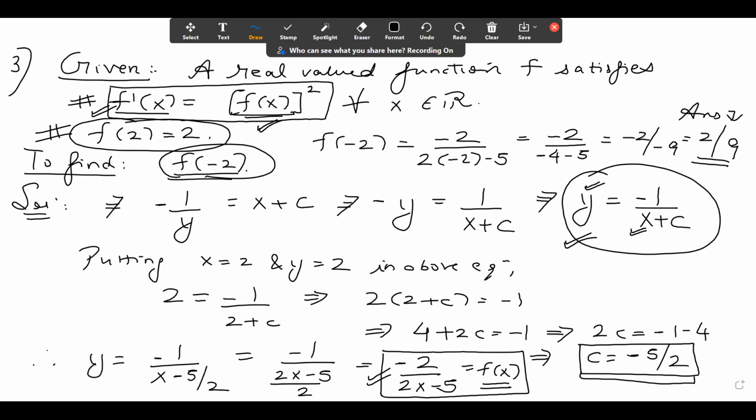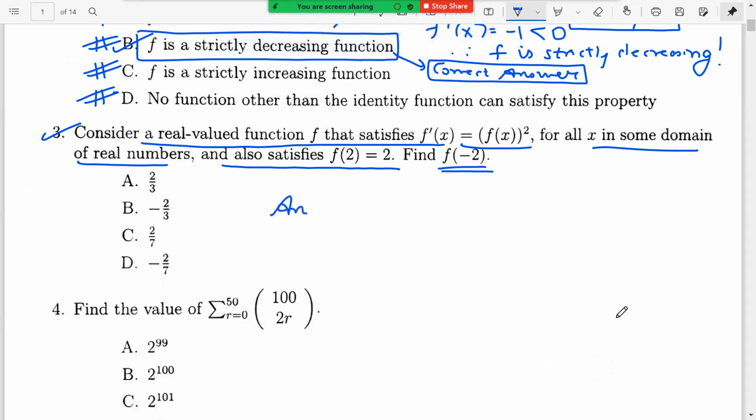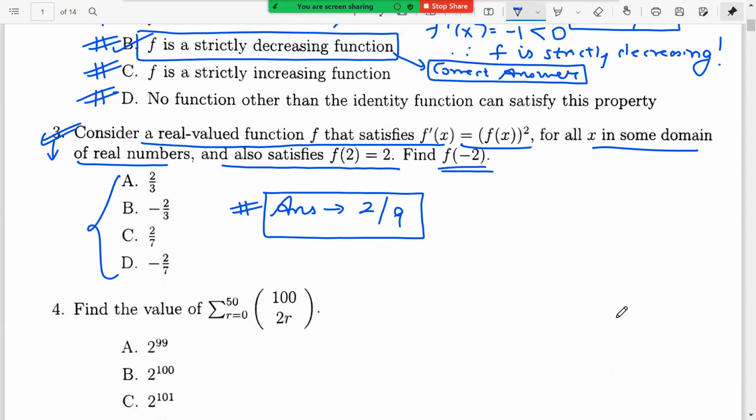So if I come back to the question paper, for question 3, there is some problem with the options given to us because the answer to this question is 2/9. Okay, so you can write that in question 3 there is some error, because if you look at the options given to you, none of the options contains the correct answer.